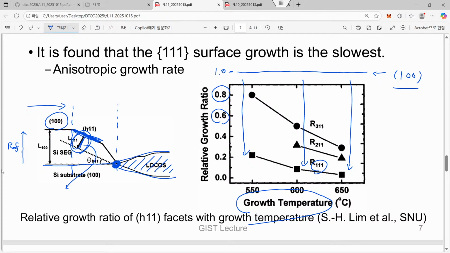Then maybe you can ask me this question: 100 grows faster and 110 grows slower, then why do we have 111 surface instead of 100 surface? The fast growing one should dominate. That is our initial naive thought.